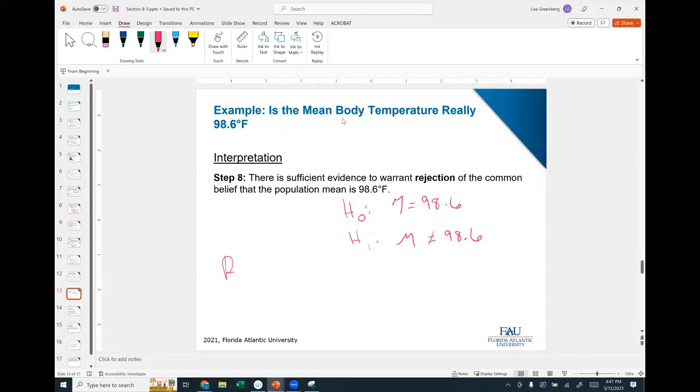We reject our null hypothesis, so that means that we accept that mu is not equal to 98.6.